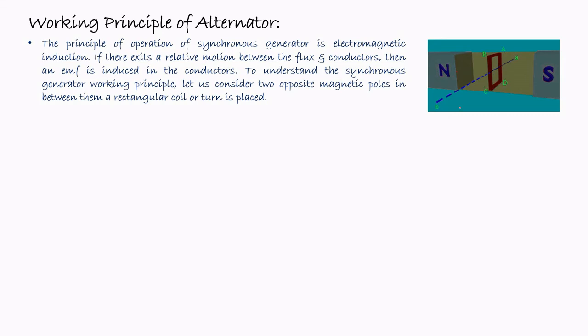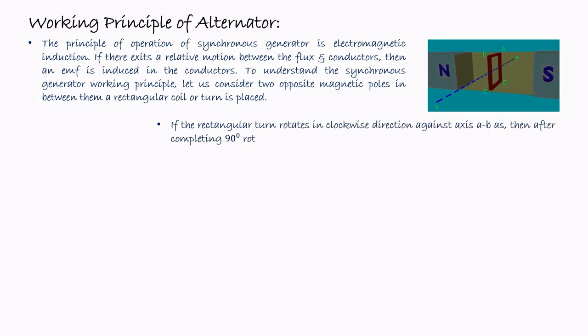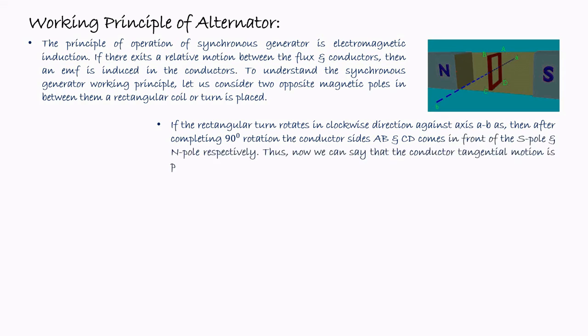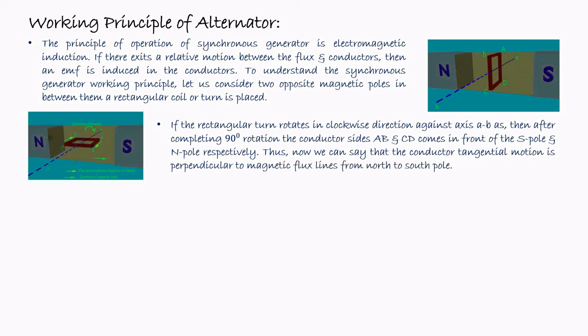Now, this coil is basically made to rotate within this magnetic field. So, if the rectangular turn rotates in clockwise direction about the axis a and b, then after completing 90-degree rotation, the conductor sides AB and CD come in front of the South Pole and the North Pole respectively.